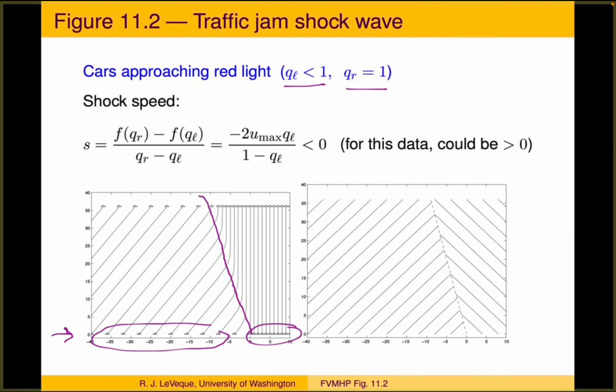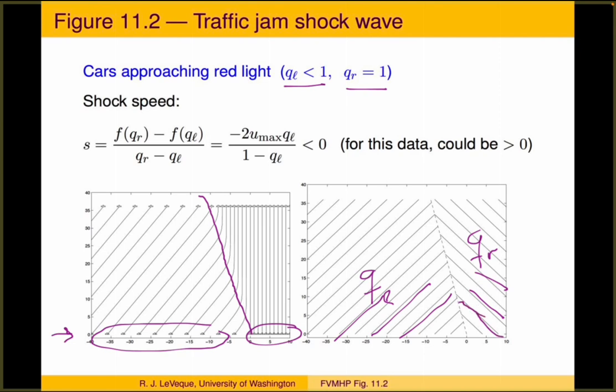In terms of the characteristics, since we have just two constant states, QL over here and QR over here, the characteristics are not only straight lines, they're all parallel, with speed f prime of QL on the left, and they're all constant with speed f prime of QR on the right.